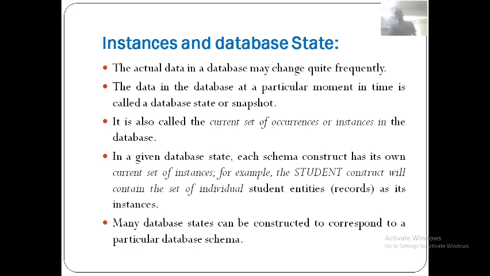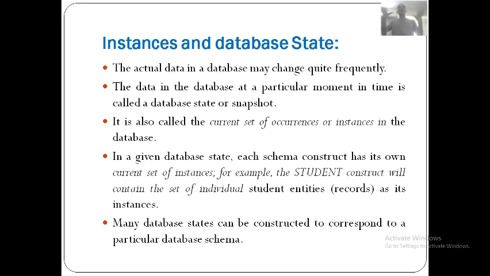In a given database state, each schema construct has its own current set of instances. Means student is having 3 values, course is having 4 values, and this is having 10 values. Grade report is having only 2 values.